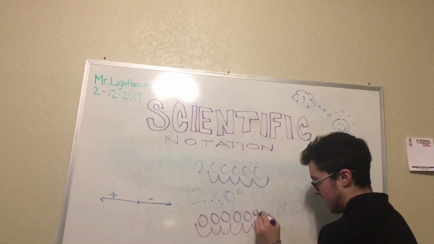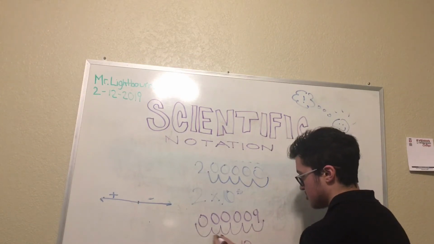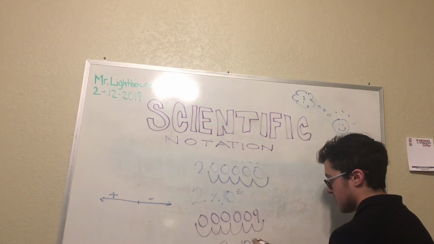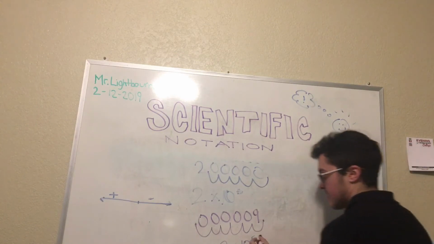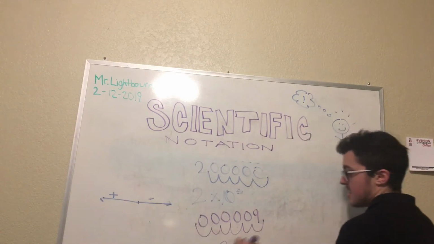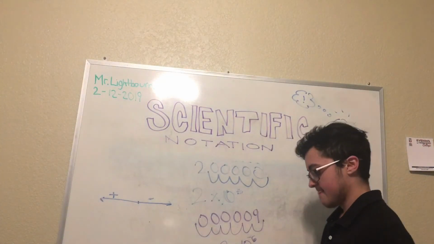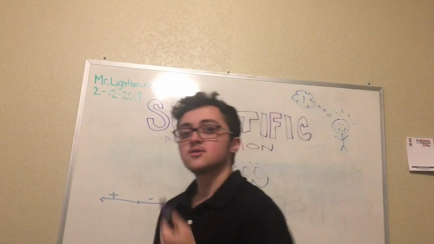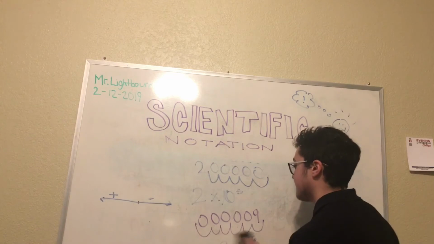Now this number is 9. 9 times 10 to the 1, 2, 3, 4, 5, 6 power. But since we're going this way, what does that mean? It'll be negative. So, 9 times 10 to the negative 6th power. Right? Y'all got any questions so far? Questions? Complaints? Don't tell me complaints. Okay.